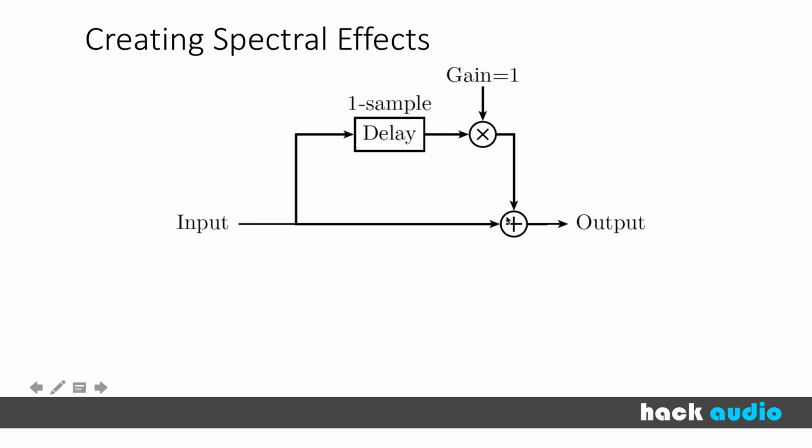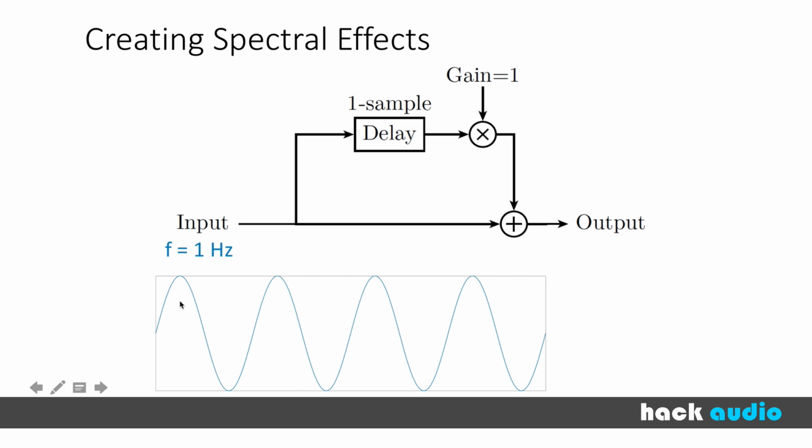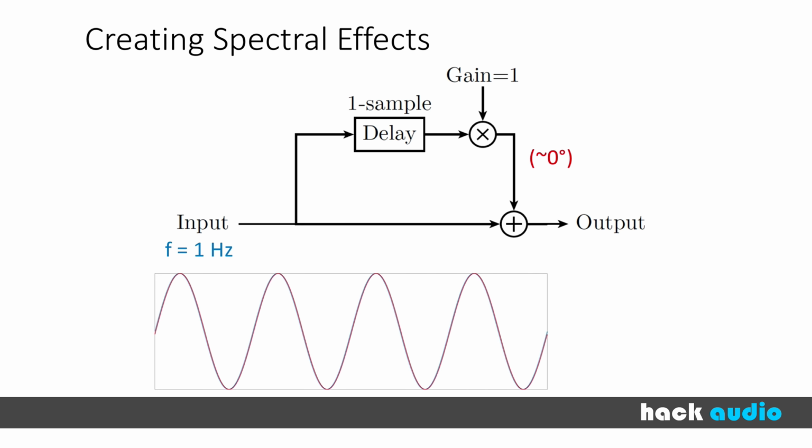Let's look at some different frequencies now. Consider what happens. So we've got our low frequency that we're going to put in, 1 hertz, that we feed through the system. So we can think of this, our blue signal here is our dry path. And then if we have our wet path with one sample of delay, we talked about before and saw that this introduces a negligible phase shift, about 0 degrees. So how do these signals line up?